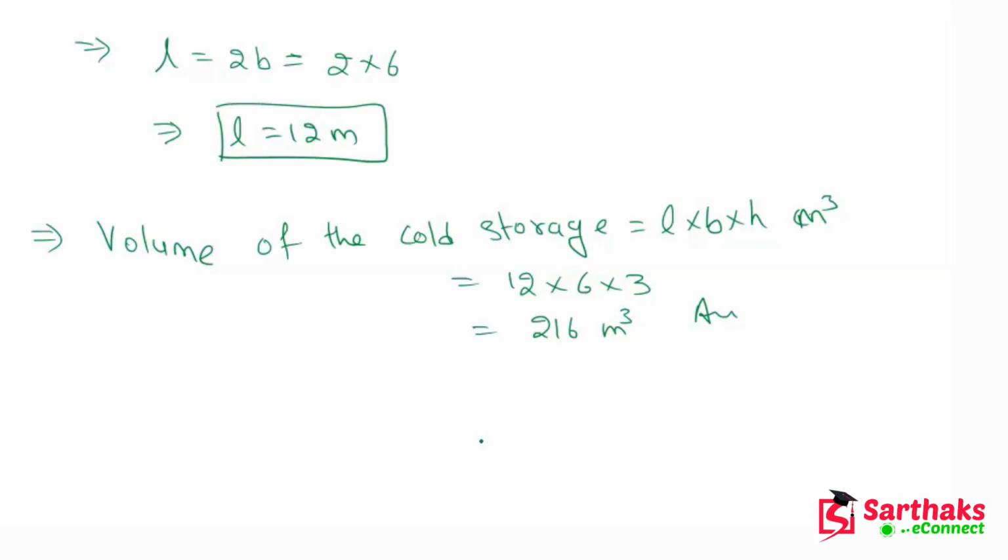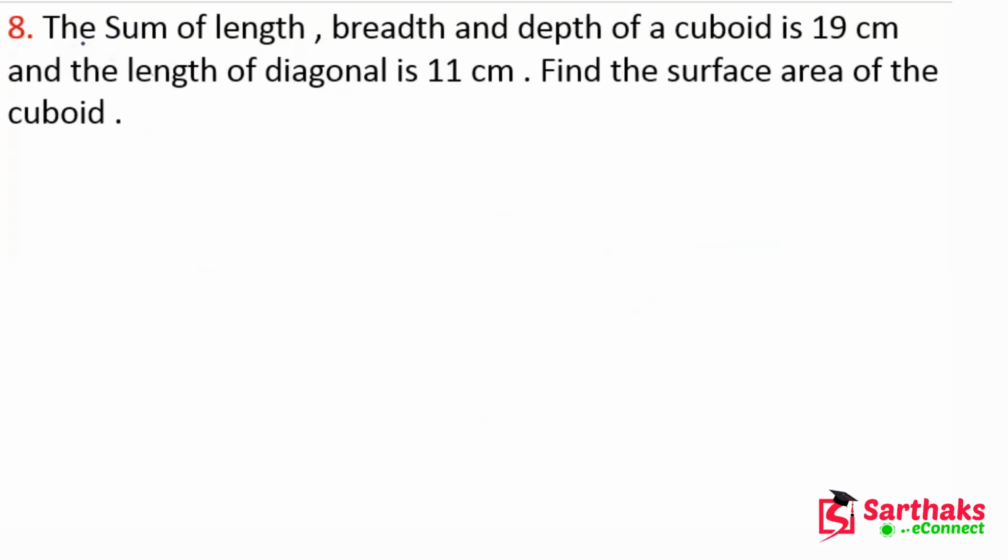Okay, I hope, my dear friends, you understand these things. Yes, my dear friends, the next question is: the sum of length, breadth and depth of a cuboid is 19 centimeter, and the length of diagonal is 11 centimeter. We have to find the area of the cuboid.